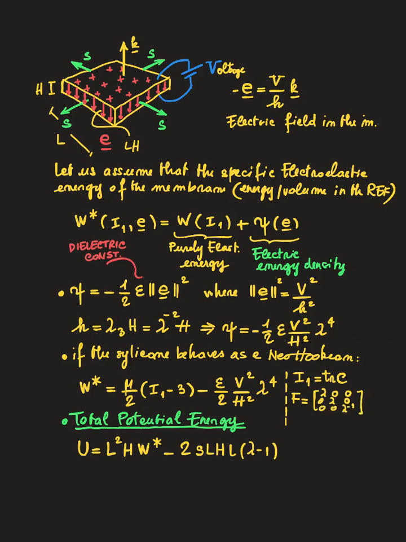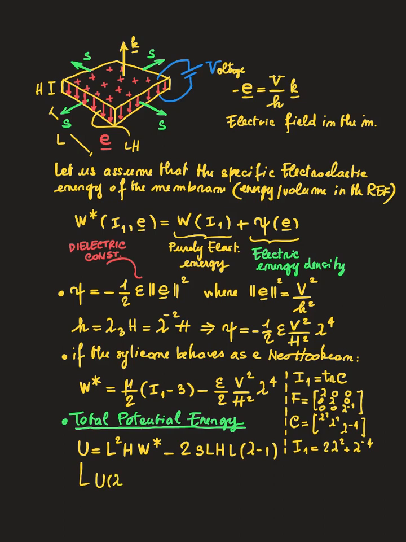Then if you do the square of this, you see that the tensor C is equal to lambda squared, lambda squared, lambda to the minus 4. So this means that the first invariant of the deformation is just 2 lambda squared plus lambda to the minus 4.